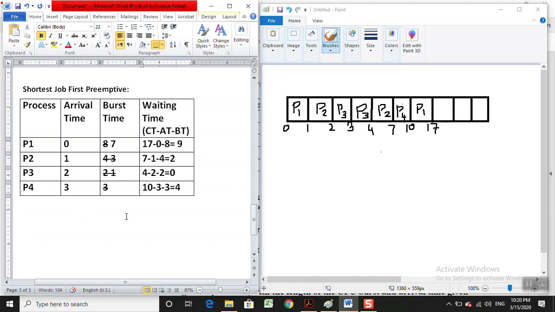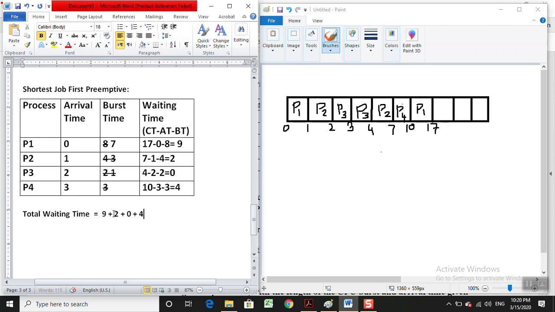So the average waiting time is what? The total waiting time is what? 9 plus 2 plus 0 plus 4.